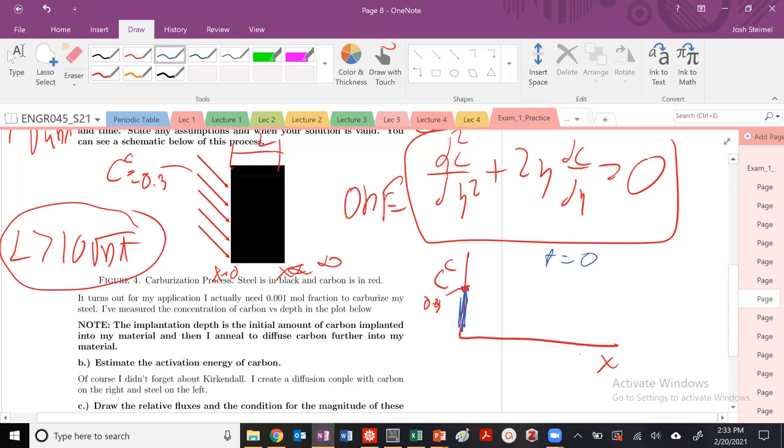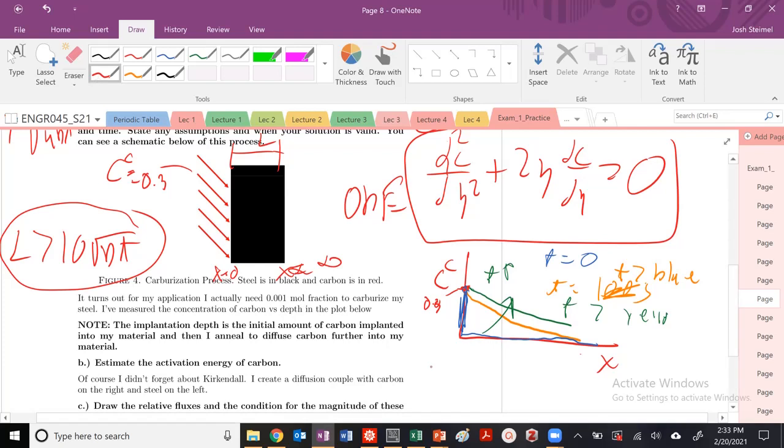I just have my carbon here and then nothing, because I've just started to apply the source. At some time, let's say 1,000 seconds, it's started to diffuse into your material like this. This is t greater than blue, and then my green would be even later, and the orange even further. So my time is increasing as the material diffuses it. That's how the concentration profile should look.